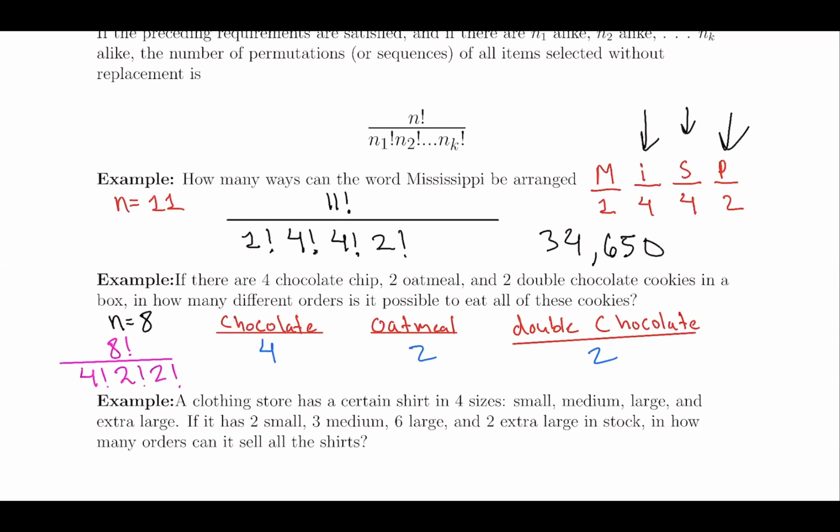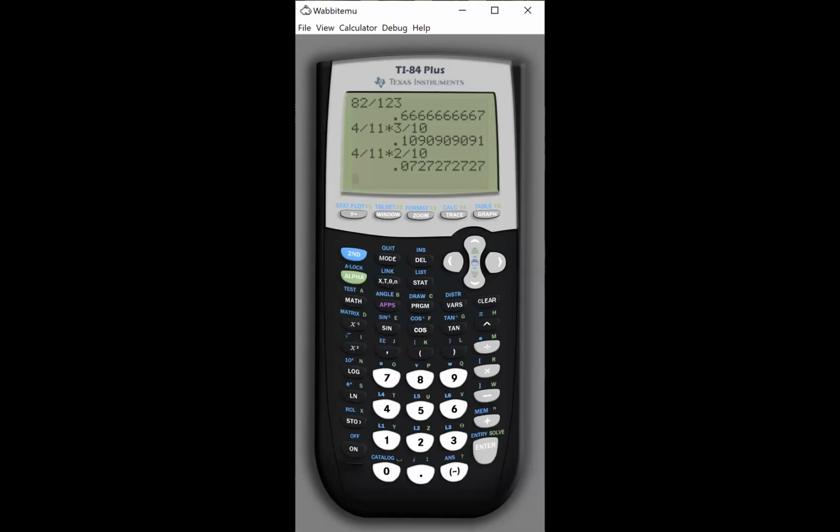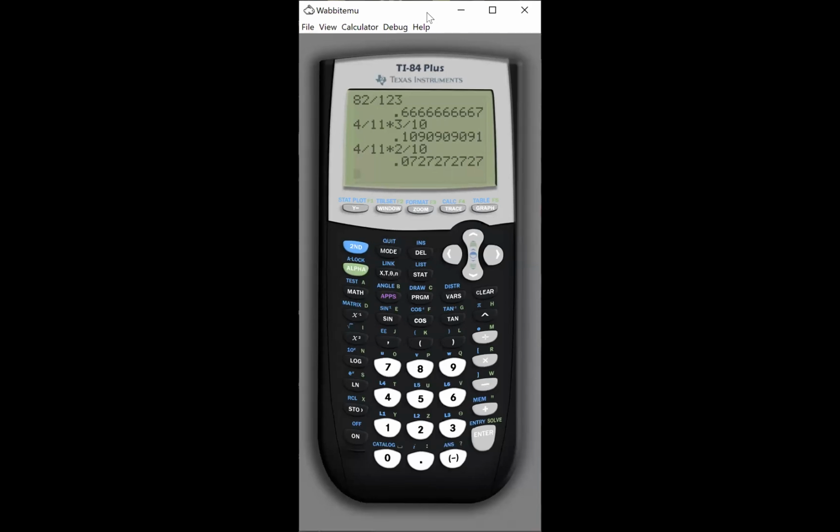For this one, I'm going to do it using the TI-83 or 84 for the people who are using the TI-83 or 84, so they can see how that works. So let me share the TI-84 right now. All right, so everybody should be seeing a TI-84. So in yours, what you want to do is 8 factorial.